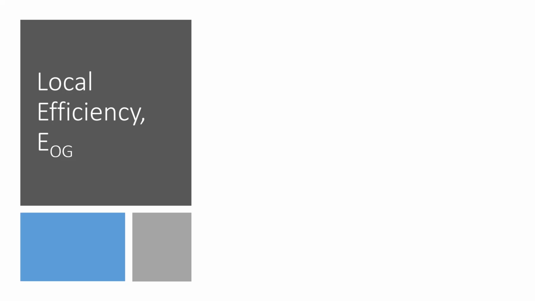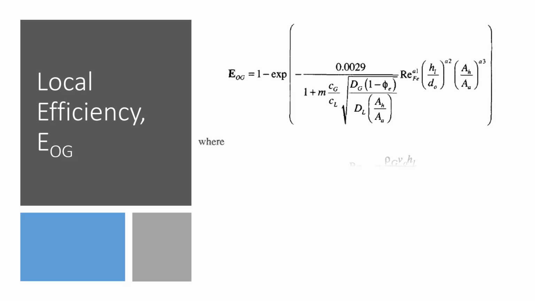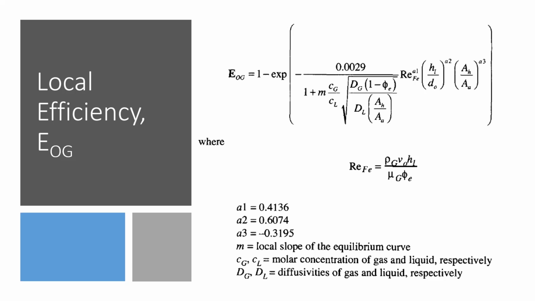So let's start with calculating the local efficiency. And the local efficiency can be easily calculated using this simple correlation. And you can see how simple it is. It requires basically all the knowledge that you gained in this course.